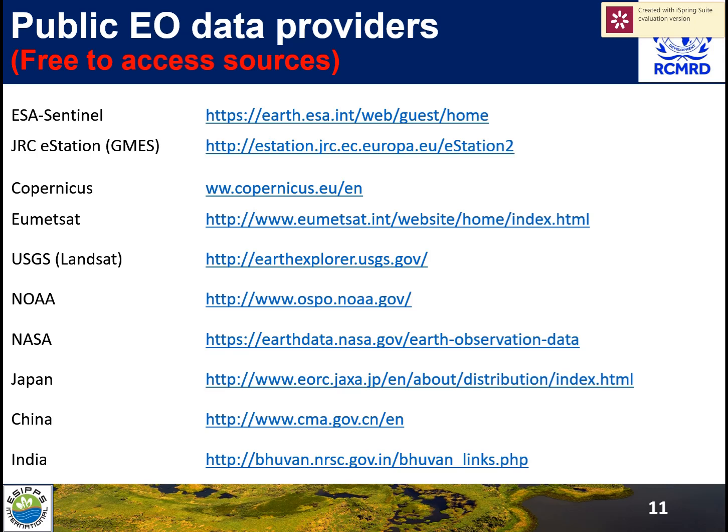The Landsat program, which is the longest freely distributed Earth observation data or satellite images, is also one of the free sources we have. The NOAA source and NASA. We have the Japan sources, China and India. They also provide this Earth observation data.